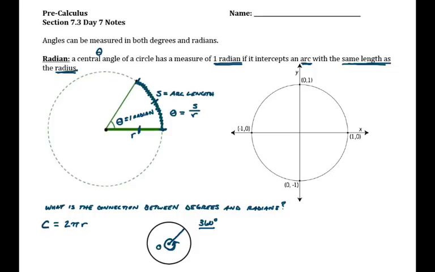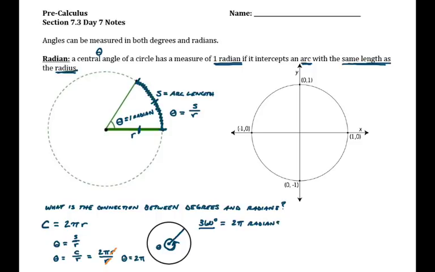But if we think about our definition of a radian, it's the length of the arc divided by the radius. So if I'm talking about the entire circle, then that's really the circumference divided by the radius. If I did 2 pi r divided by r, 2 pi r is the circumference, and divide that by the radius, the r's would reduce, and what the angle measure would be is 2 pi radians.